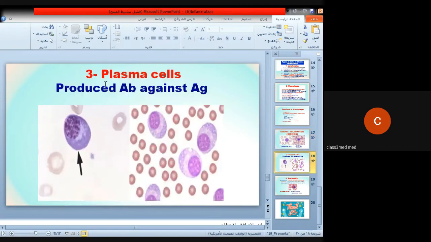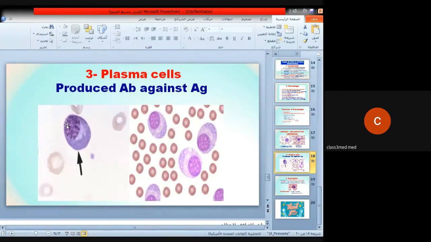The third important cell of chronic inflammation is plasma cells. Plasma cells are responsible for production of antibody against antigen, and they are derived from B lymphocytes. What is the origin of the plasma cell? The B lymphocyte, which transforms into a plasma cell to produce antibodies or immunoglobulin.